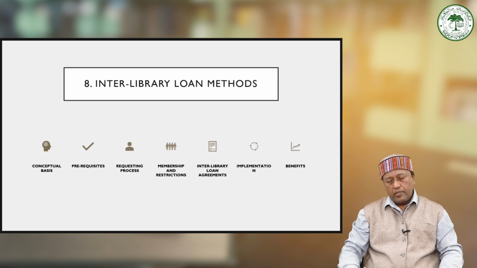But beyond that, you can see the collection of B also, you can see the collection of C also, you can see the collection of D also. And if there is anything you want from any of these libraries, you can send a requisition through your circulation section. And if the document is not currently being used, then definitely they can loan it out for you. They can give it to any member of any other library who requires it.